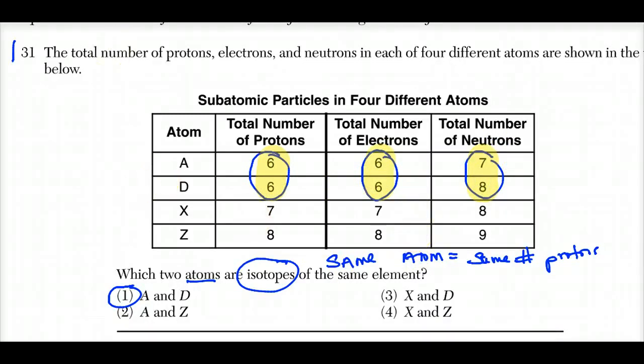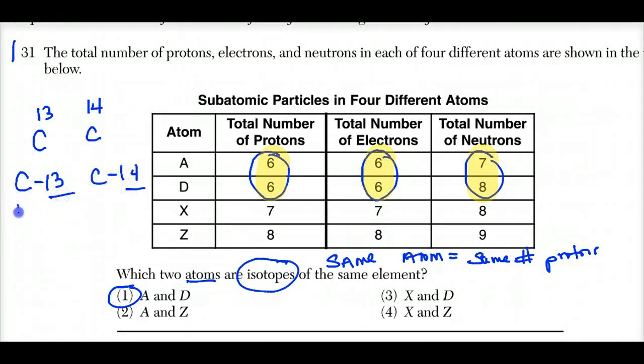Okay, if I was to draw them, you'd realize that atomic number 6 is carbon. So carbon, in this case, 6 plus 7 is 13. In this case, 6 plus 8 is 14. So what you're really dealing with is carbon 13 and carbon 14, sometimes drawn this way. These are isotopes.